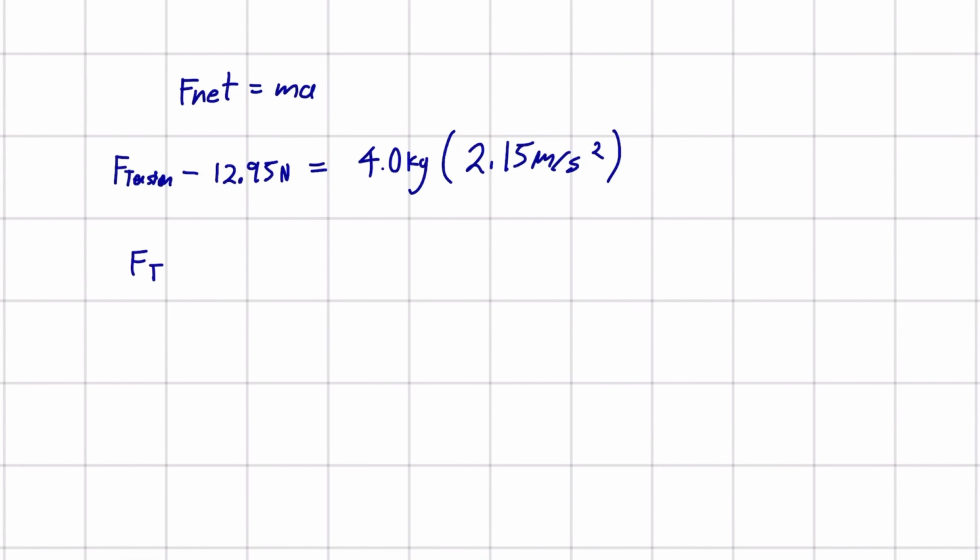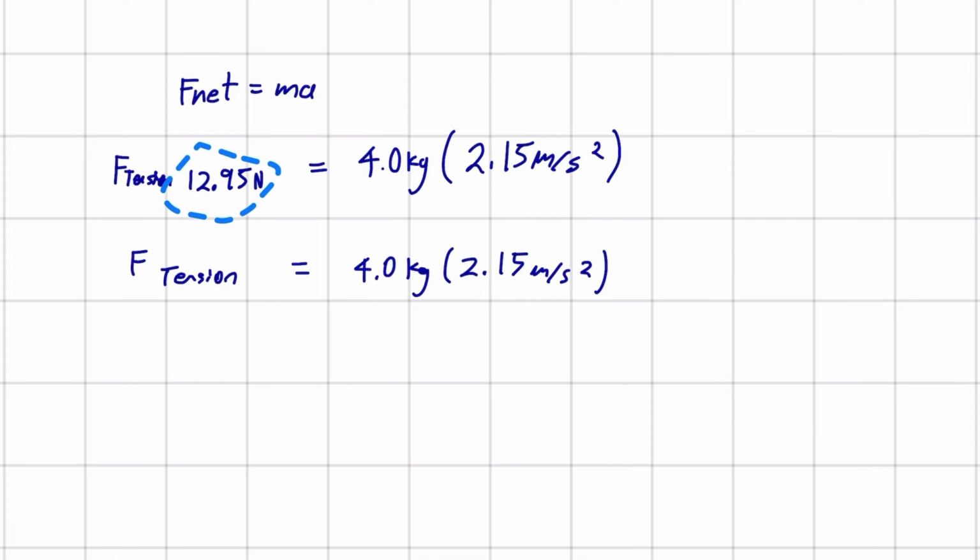Now all we have to do is isolate F tension. So it's equal to 4.0 kilograms times 2.15 meters per second squared. And this term here is coming to the other side, and it's going to change from a subtraction to an addition. So watch this. We go plus 12.95 newtons.